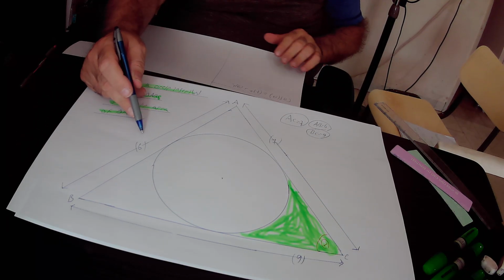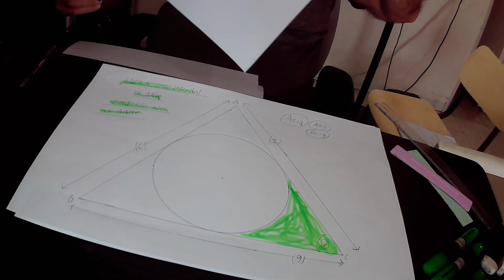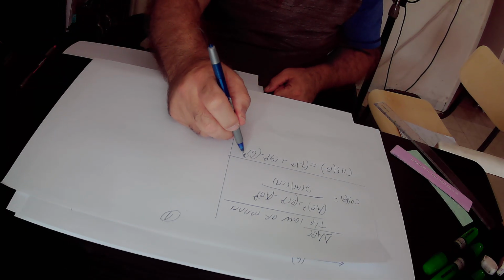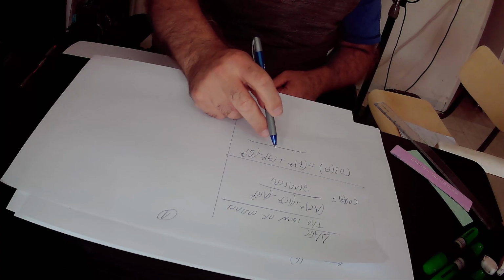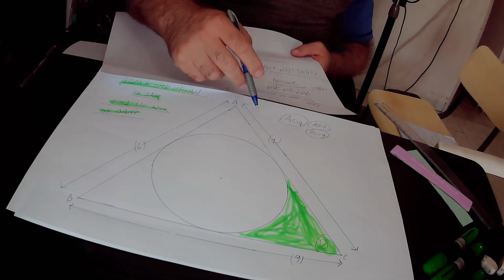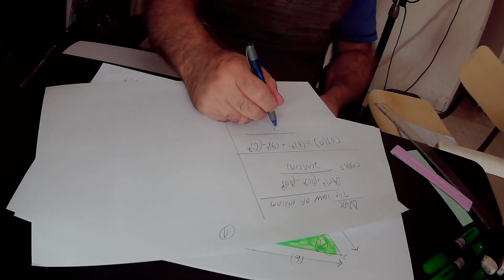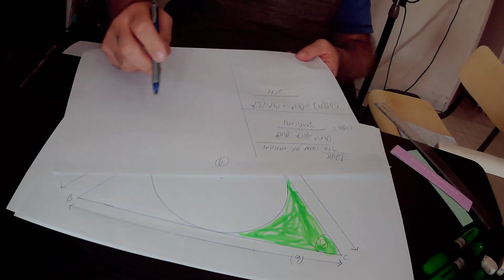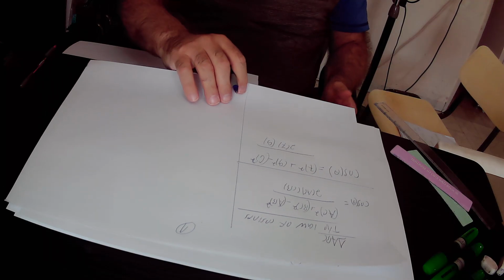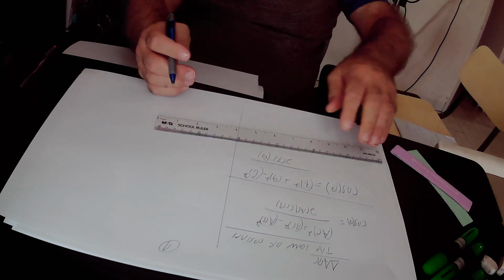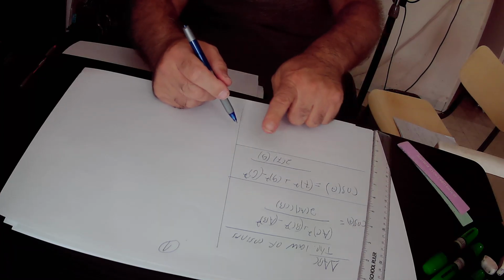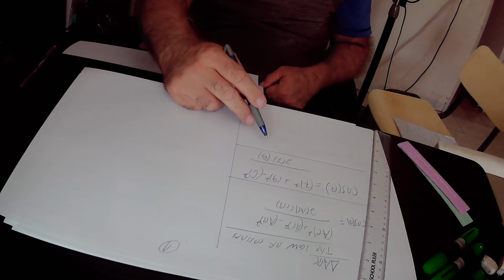AB is 6, therefore AB squared is 6 squared, over 2 times AC, that is 2 times 7, times BC, which is 9. So in total, according to the law of cosines in triangle ABC, cosine theta equals 7 squared plus 9 squared minus 6 squared over 2 times 7 times 9.